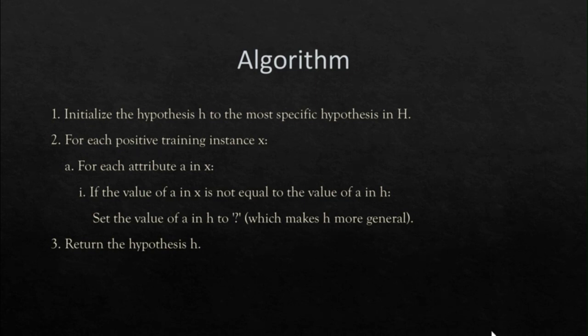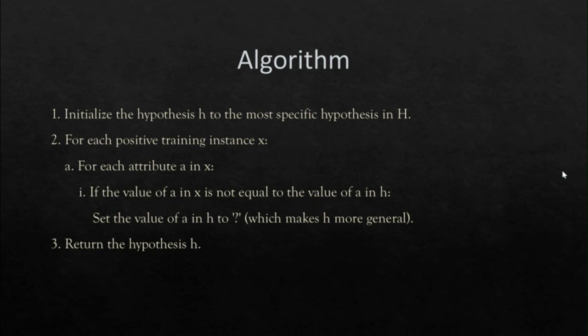So for each positive training instance X, the algorithm checks the attribute A in X and compares it with the corresponding attribute in H. If the values are not the same, then H is made more general by setting the value of A to question mark, which means that the attribute A is not relevant to the target concept.